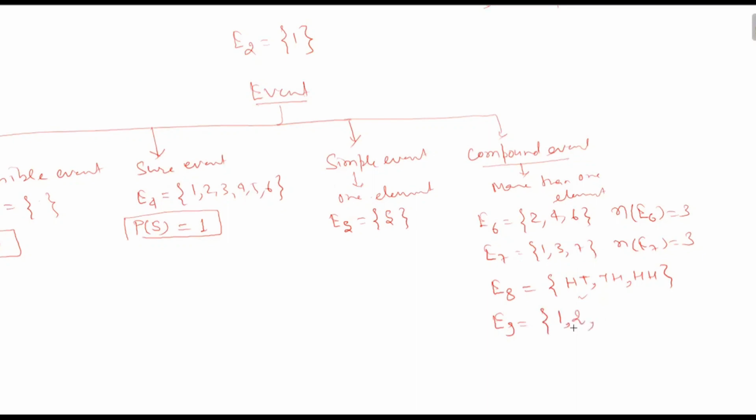If I get a 2, then also this event has happened, and likewise 3 or 4. In all such situations the number shown on the die is less than 5. Here there are 4 elements, 1, 2, 3 and 4. So this is also called a compound event.